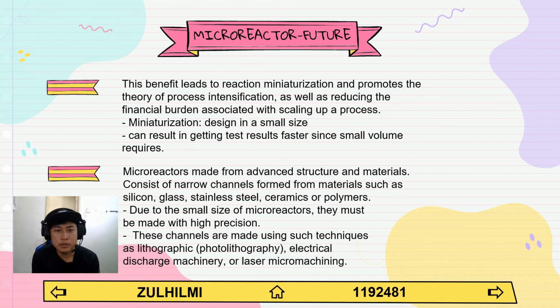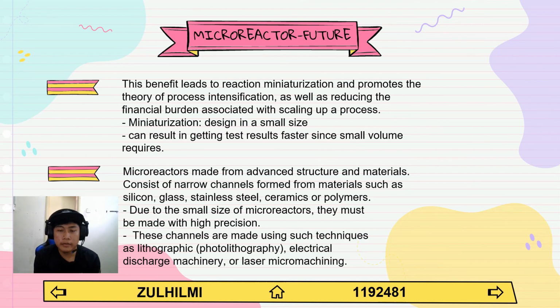This benefit leads to reaction miniaturization and promotes the theory of process intensification, as well as reducing the financial burden associated with scaling up a process. Miniaturization is designed in a small size. It can result in getting test results faster since a small volume is required.